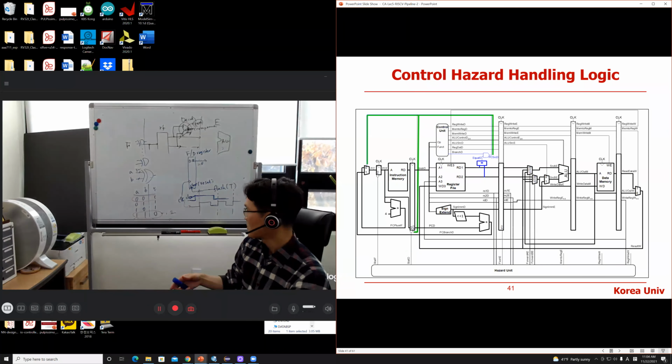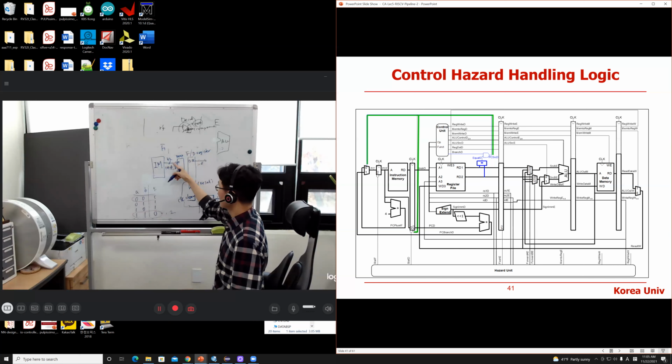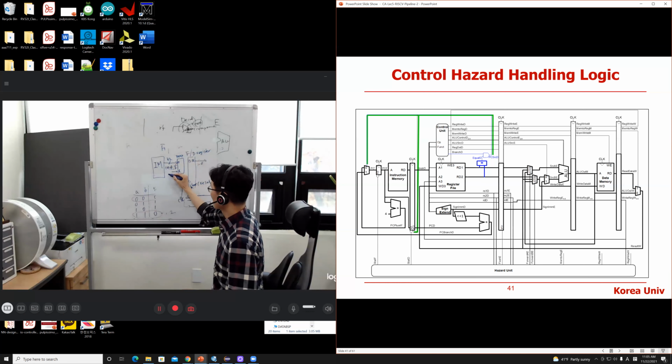Fetch to decode in between, right? You have instruction memory in the fetch stage, reading machine code, that is the instruction in the fetch stage. So you place a multiplexer right here. Either the normal instruction or the second input, which is 32 zeros, which is no operation.